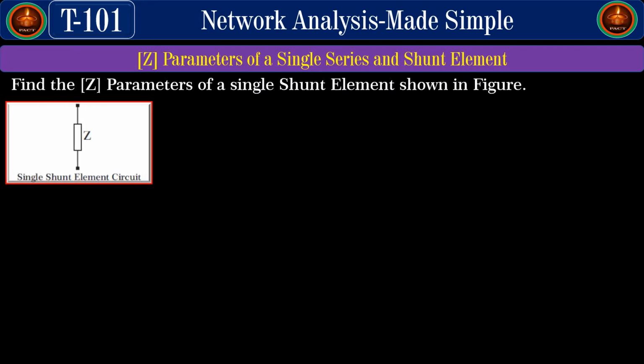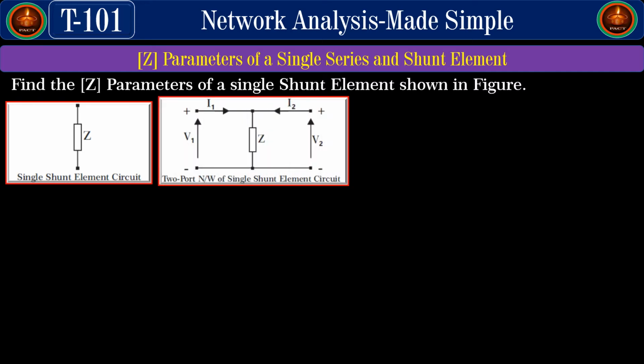Friends, now let us find the Z parameters of a single shunt element shown in the figure. Again, you find that we have to modify the given shunt element into the form of a two-port network, and here you find the shunt element represented in the standard form of a two-port network.